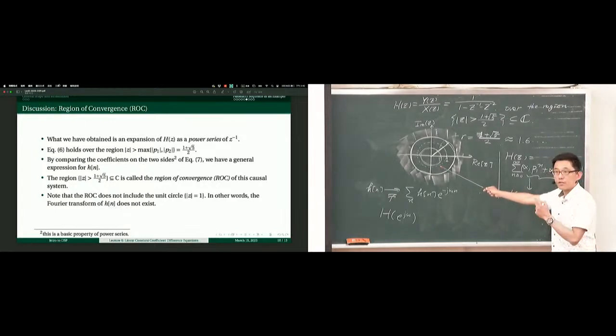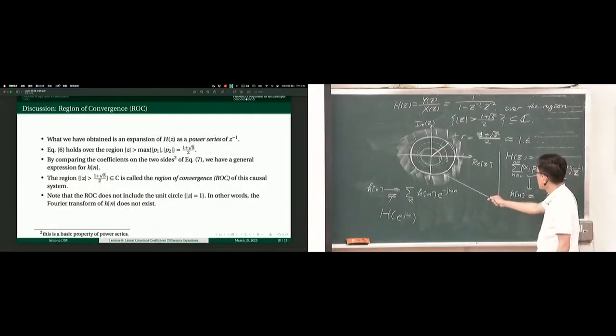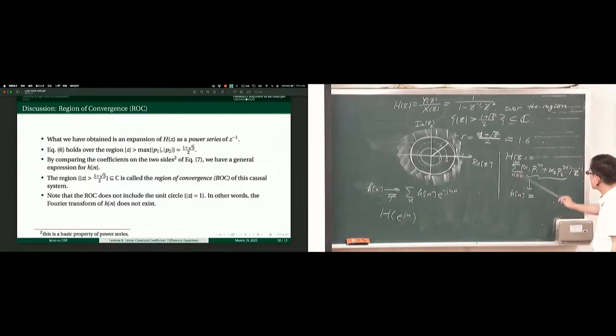So by definition, the Z transform of the Fibonacci sequence does not converge on the unit circle. That's what we can conclude. Let me repeat this. The region of convergence does not include the unit circle. Therefore, now what we're talking about is the Z transform of h of n. That's big H of z, equals that.